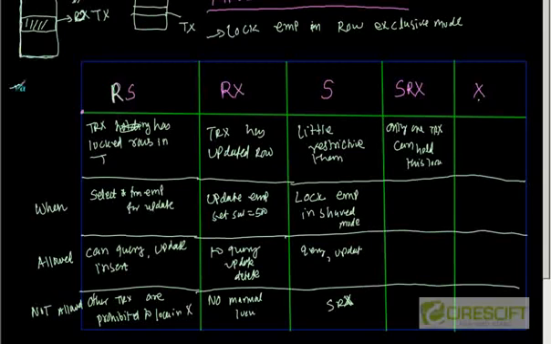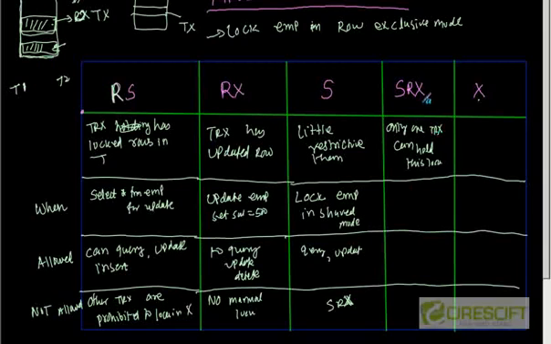Remember, with RX lock and RS lock, for example, transaction T1 is doing an update to this row. Therefore T1 is holding a TX lock on this row and an RX lock on this table. Another transaction T2 is updating another row here. In that case, T2 is going to hold a TX lock on its row and an RX lock on this table. That is what is possible.